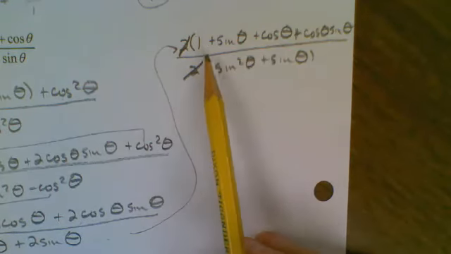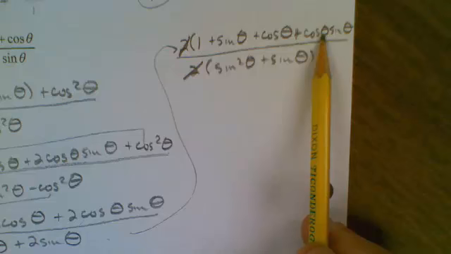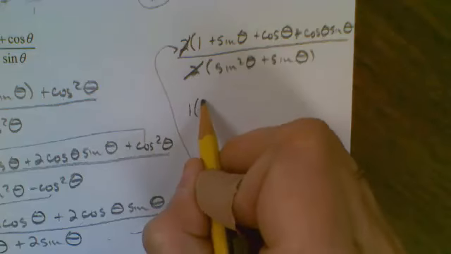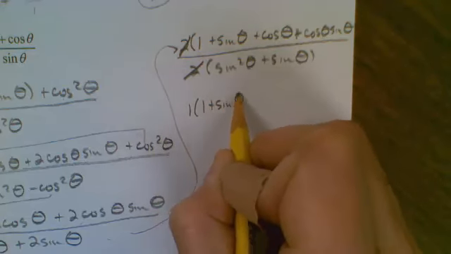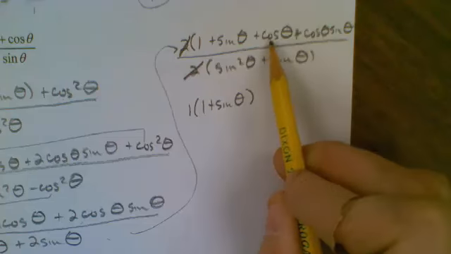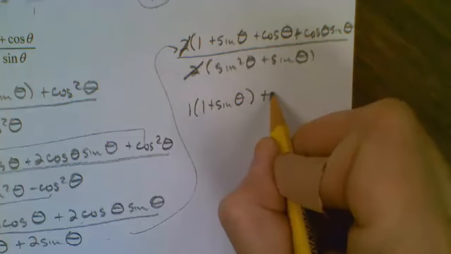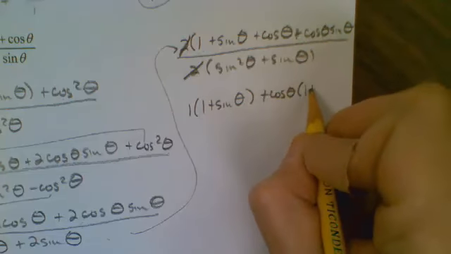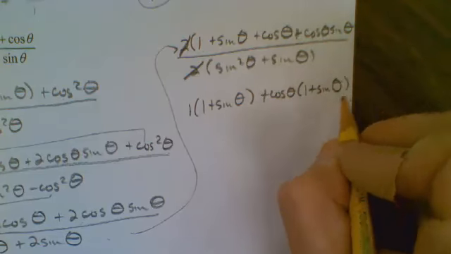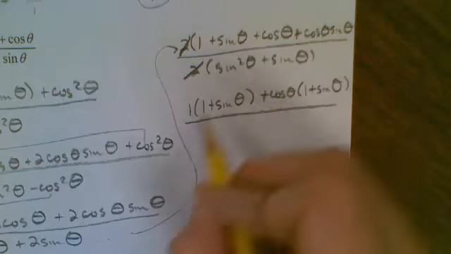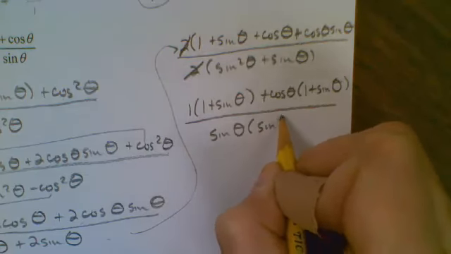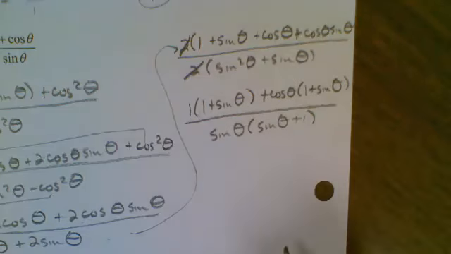All right, so I have 1, 2, 3, 4 terms in the numerator. So I'm going to have to factor by grouping. First 2 have nothing in common, so I'm just going to take out a 1: 1 plus sine theta. The second 2 have a cosine in common, so I'm going to factor out a cosine. And I'm left with 1 plus sine. In the denominator, I'm just going to factor out a sine. I'll be left with sine plus 1.